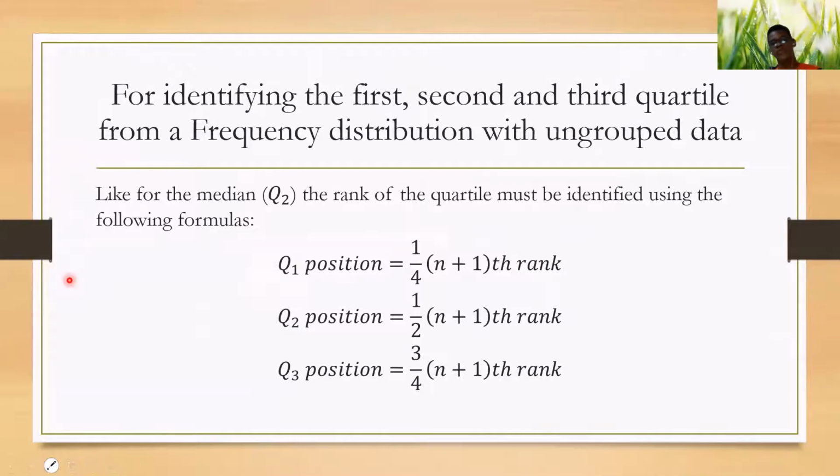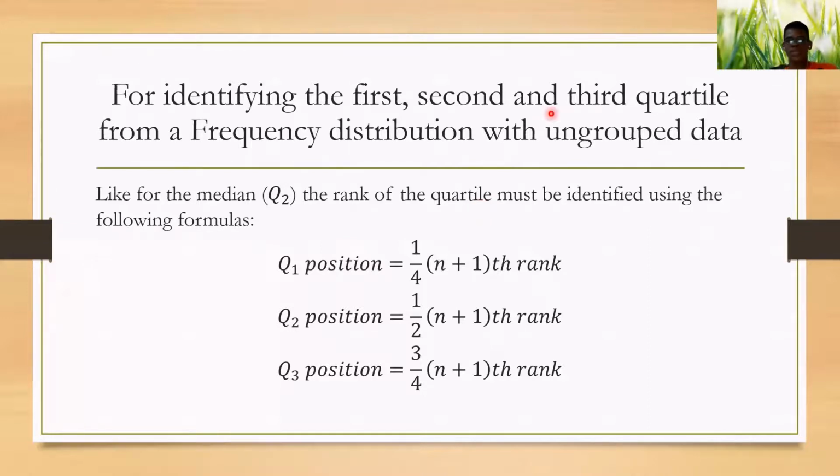Good. So as you can imagine, for identifying the first, second, and third quartile from a distribution with ungrouped data, like for the median, which was Q2, the rank of the quartile must be identified using these formulas. So we got to get the position, like before, and then we get the quartile, right?